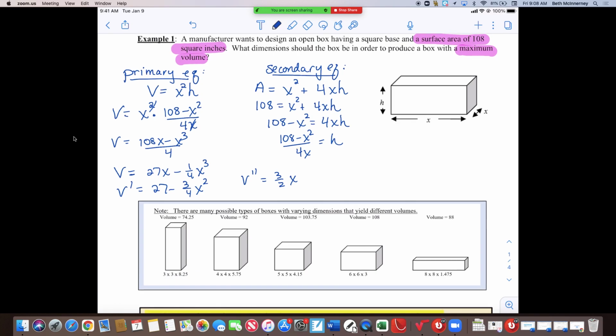But whoops, I forgot to get my critical points, didn't I? So let me go grab those. Thank you. Yep, I think it didn't catch it when I wrote it, but thank you. So let me go grab those critical numbers.